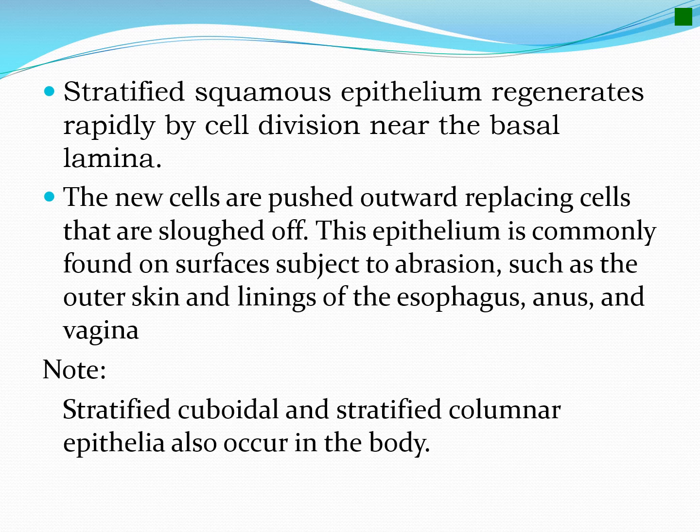So mitosis occurs in cells located near the basal lamina because cells in the uppermost layers are dead. These dead cells slough off, for example, when we wash our body.